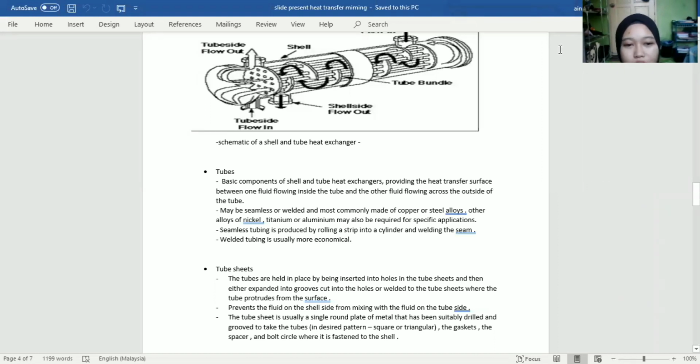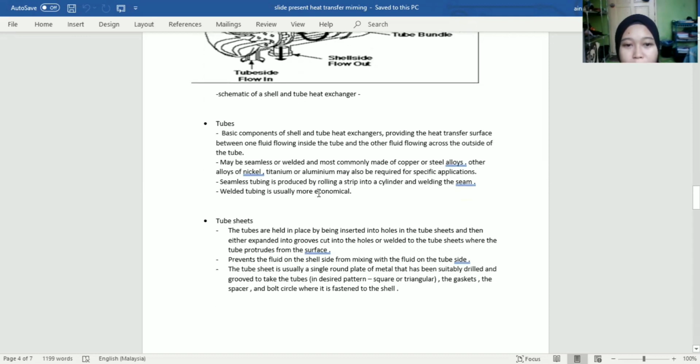Okay, next components of shell and tube heat exchanger, kita ada tube side flow out, tube side flow in, shell side flow in, tube bundle, shell side flow out. Tube is the basic component of shell and tube heat exchanger, providing the heat transfer surface between one fluid flowing inside the tube and the other fluid flowing across the outside of the tube.